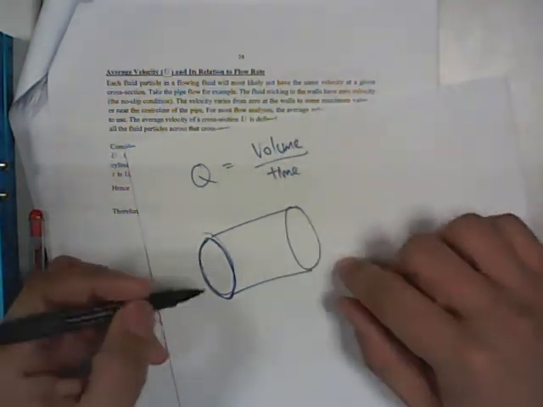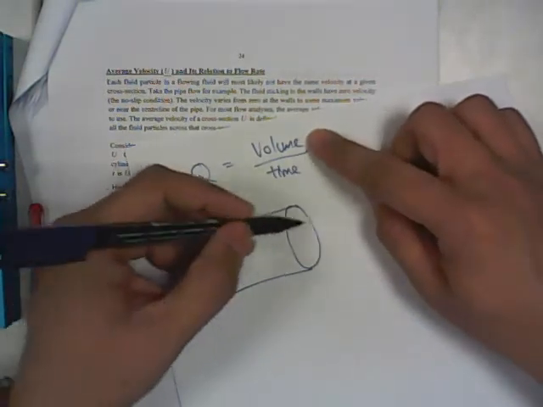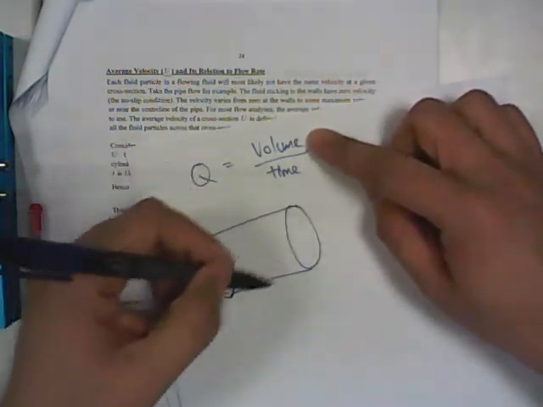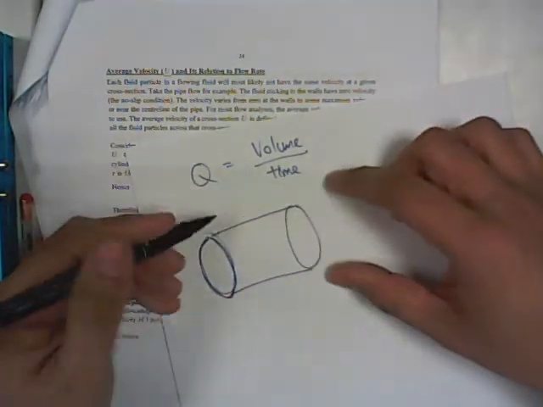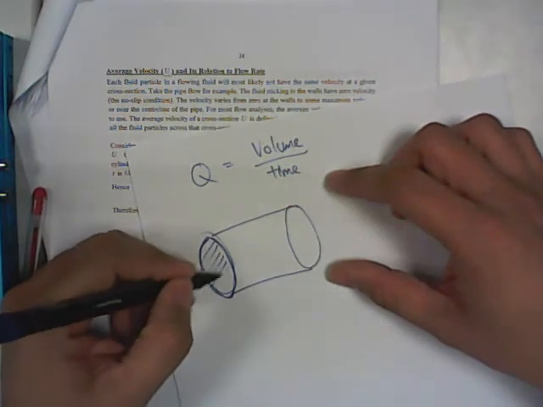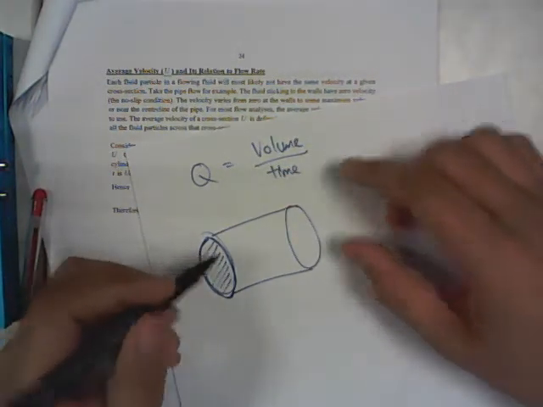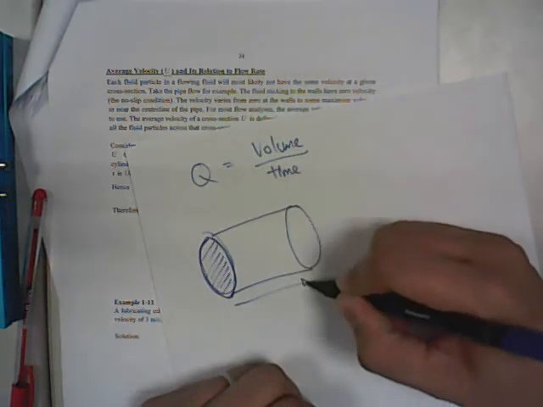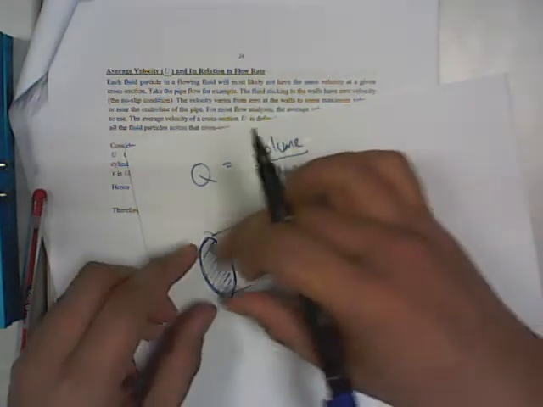This volume is typically the cross-sectional area of the opening multiplied by a certain length.